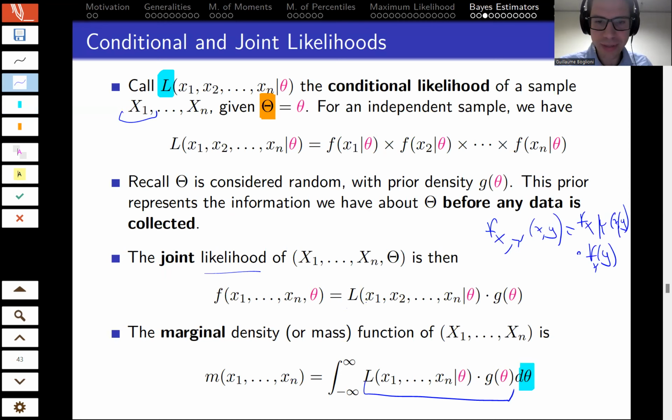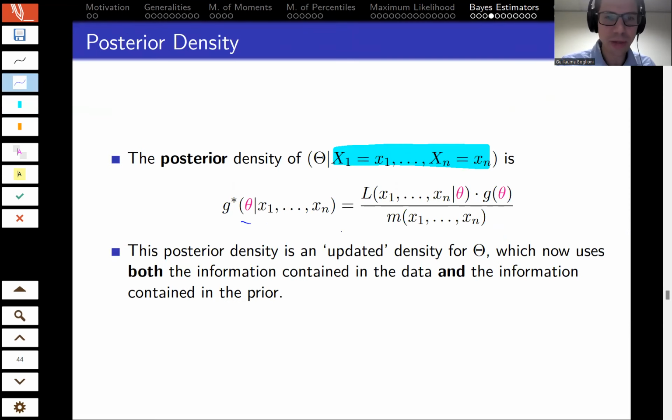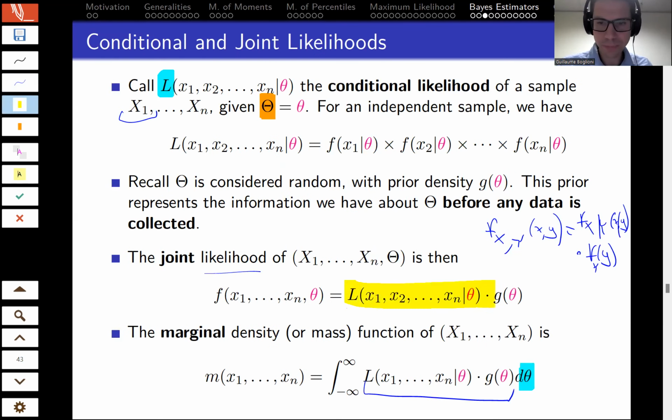We started with the likelihood of the data given theta, and we end up with the likelihood of theta given the data. And this is again the joint, the same thing we had before, given here.